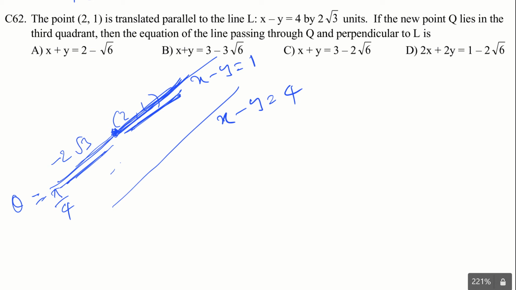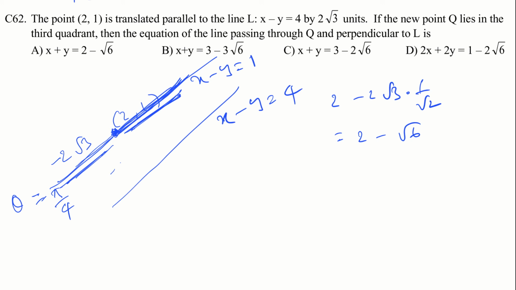Applying parametric equations, x is equal to x1 minus 2√3 into cos theta, or cos theta 1 by √2 into 1 by √2. So you can see that this is nothing but 2 minus √6.